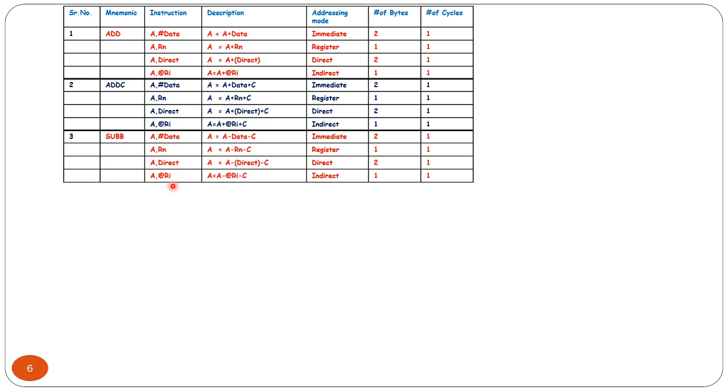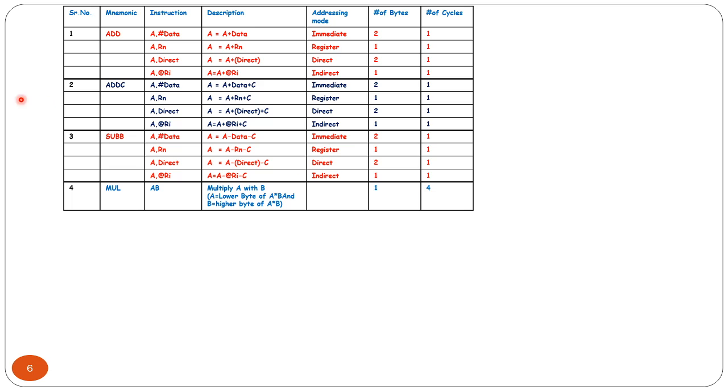SUBB A, @Ri: the content of the carry flag bit and the content of random access memory pointed by the Ri register are subtracted from the accumulator, and the result is stored in the accumulator. The content of the accumulator changes. This is the indirect addressing, 1 byte and machine cycle required is 1.